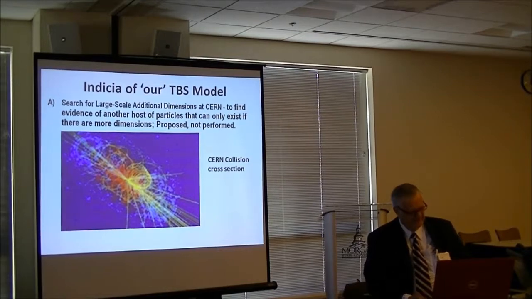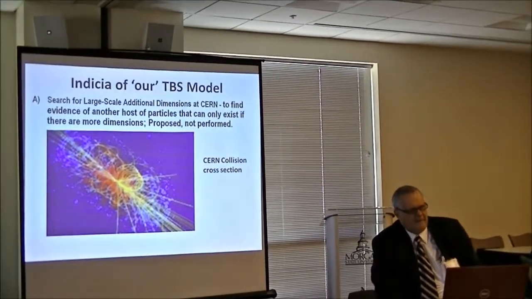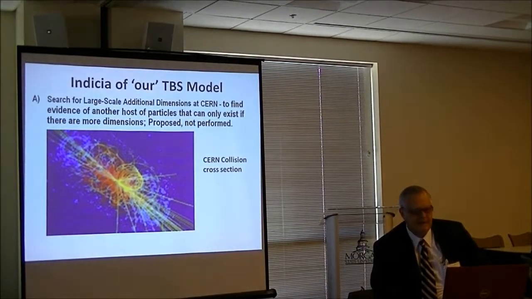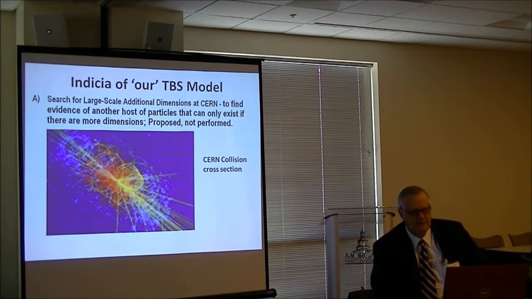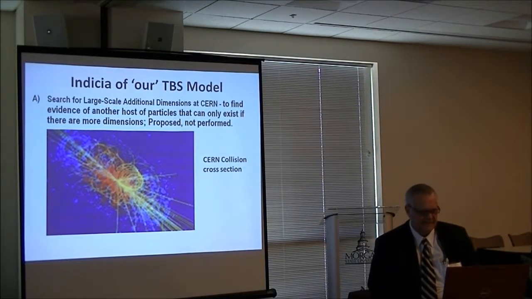There are indicia for this model. One of the main indicia being put forward by people like Nima Arkani-Hamed and Lisa Randall at CERN is to search for artifacts that would be indicative of large-scale extra dimensions.